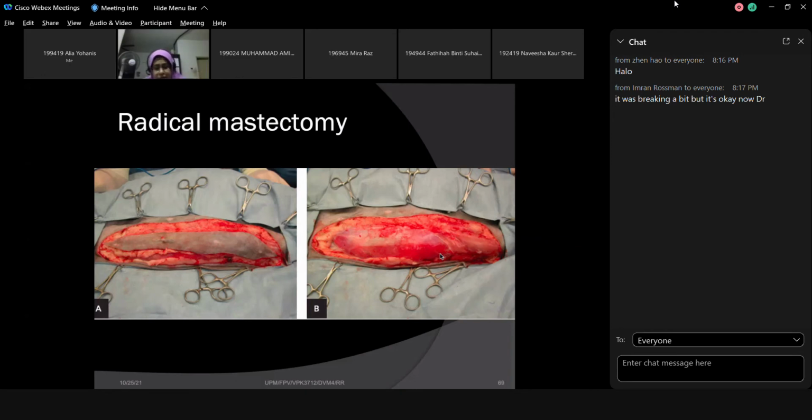If you touch the mass and suddenly feel there's very deep invasion or penetration, you probably need to hold on the surgery, call the supplier, and get a surgical mesh on standby in case you really need to remove the whole abdominal wall, then you have something to patch for the patient. If not, then you probably end up with trouble. So it must be planned properly.